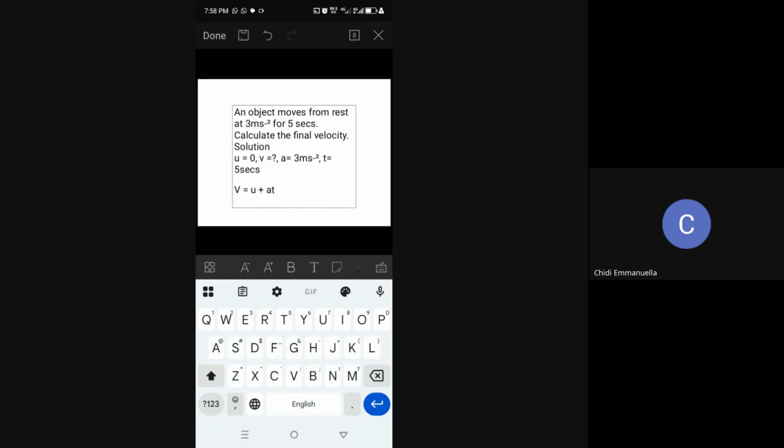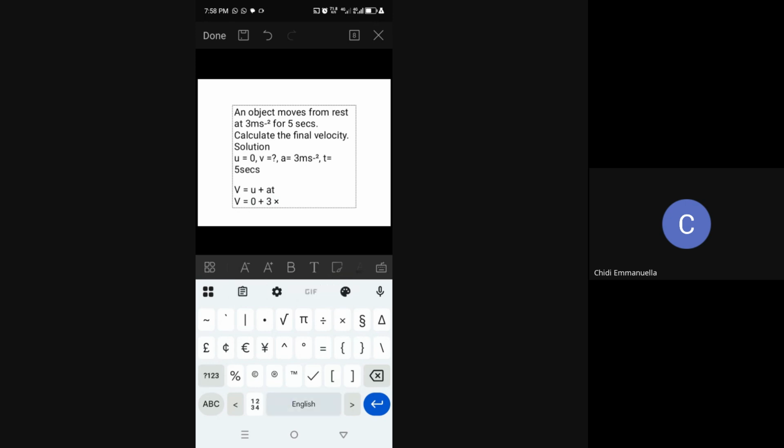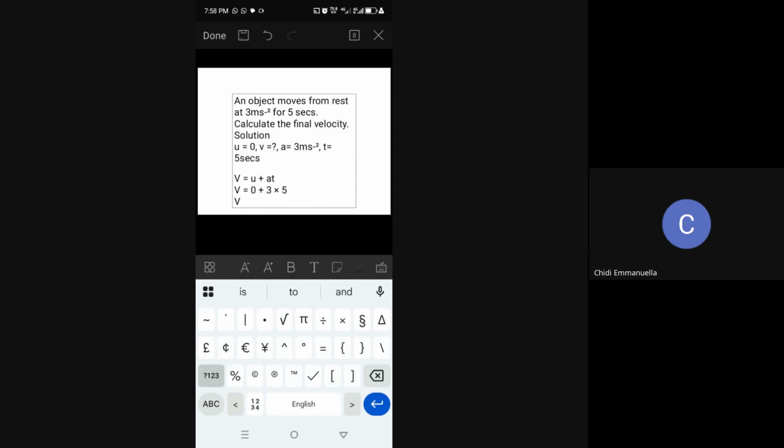That's all. So your v, which is final velocity, is equal to 0 plus 3 times 5. So your answer is going to be 15. It's as simple as this, which means you guys are correct. That's 15 meters per second.